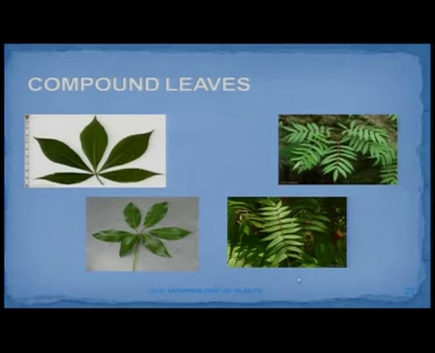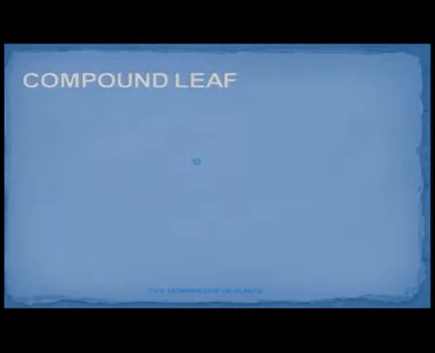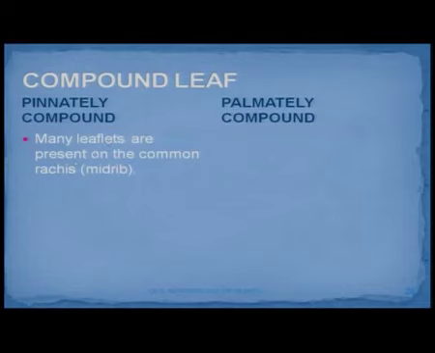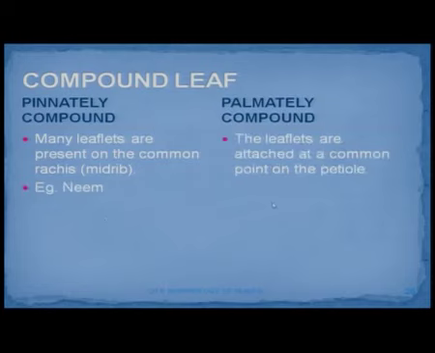These leaves are called pinnately compound leaves, and these are the palmately compound leaves. So, there are two types of compound leaves, pinnately compound leaves and palmately compound leaves. In the pinnately compound leaves, leaflets are present on the common rachis, that is the midrib. For example, as in neem. While in palmately compound leaf, the leaflets are attached at a common point on the petiole. For example, as in silk cotton.